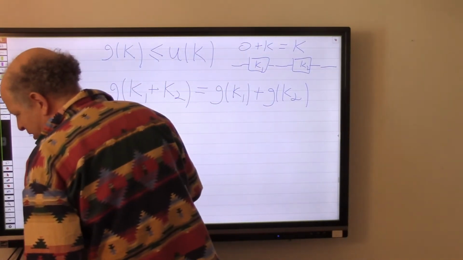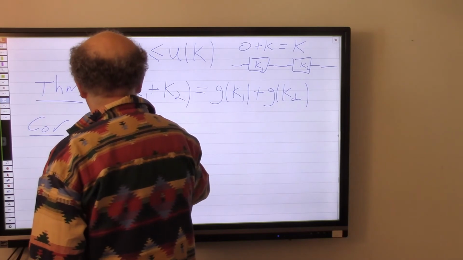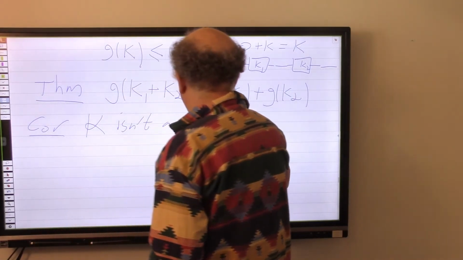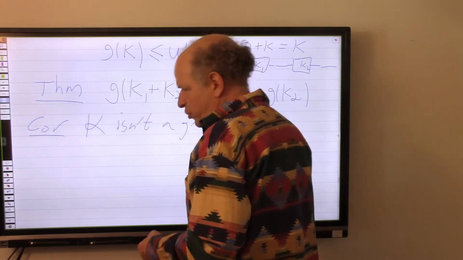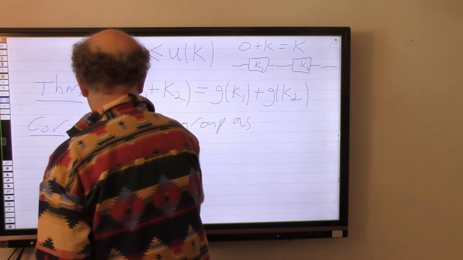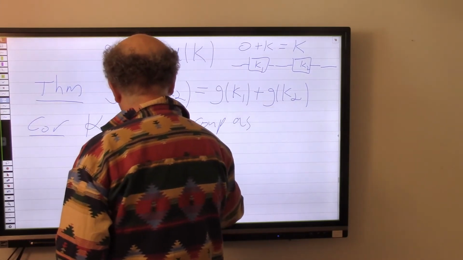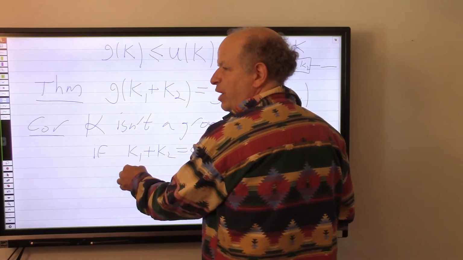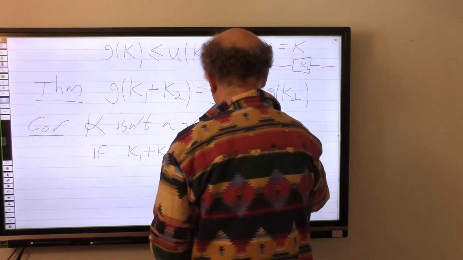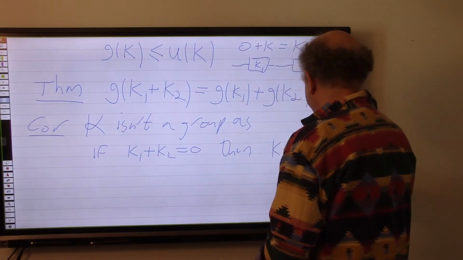So the corollary is that the space of knots isn't a group. If K1 plus K2 is equal to 0, so if K2 is the inverse of K1, then both of them are equal to 0.